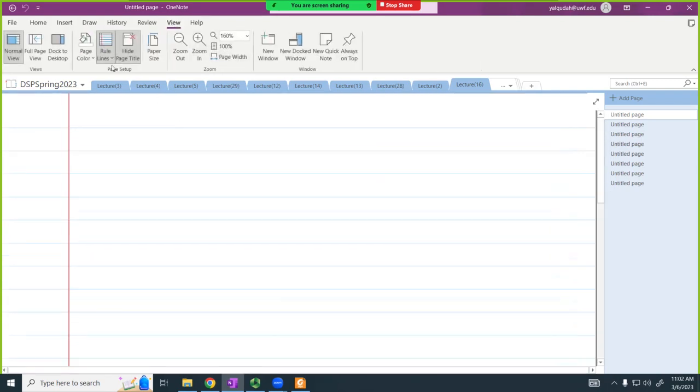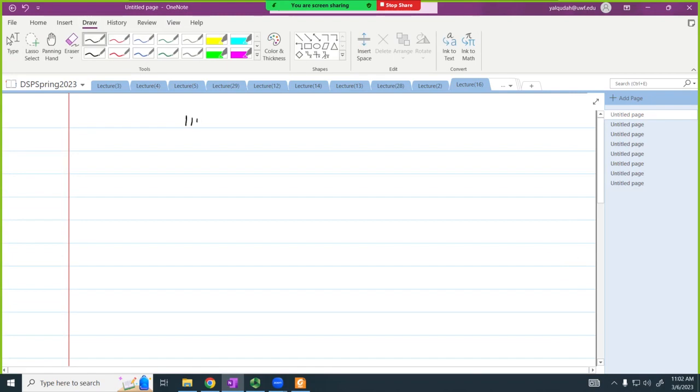So again, we are on the IIR filter design, the continuous to discrete transformation. And the first filter that we're going to look at is the Butterworth filter.